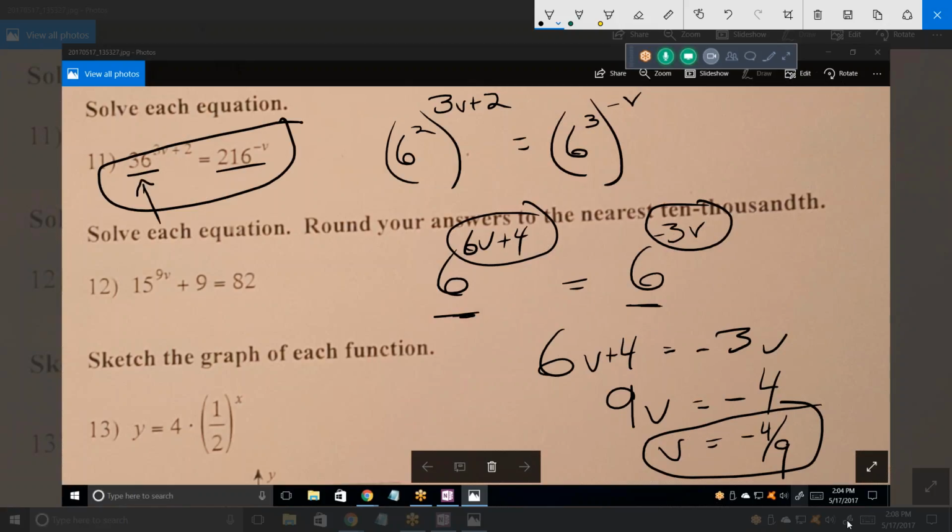In other words, 6 is a common exponential base for 36, and it's also a common exponential base for 216. So the fact that I was able to write these numbers as 6 to some power allowed me to solve it without using logarithms. Those are the only ones you're going to be able to do that on. Normally, you got to use logarithms to solve exponential equations.